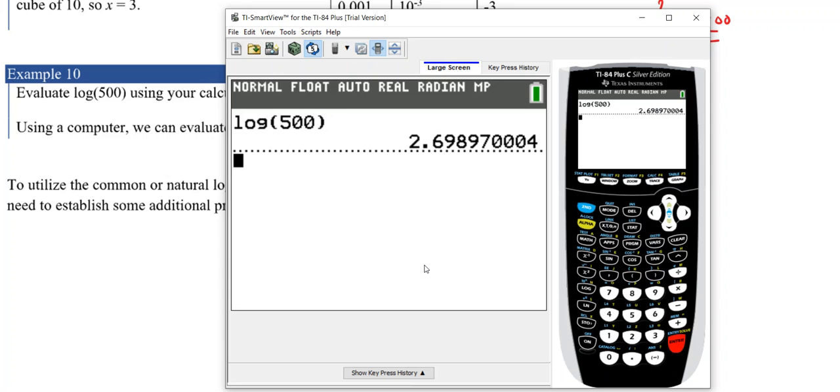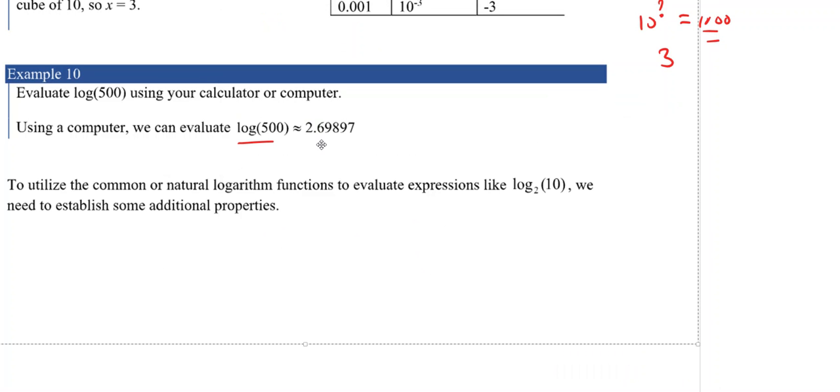Enter. So we get that number, 2.698, and so on. Notice that this says approximately equal to. That's what the little squiggly symbols mean. The reason it says that is because this is an irrational number, so we would have to round it somewhere. It's not exactly equal to this, it's approximately equal to this.